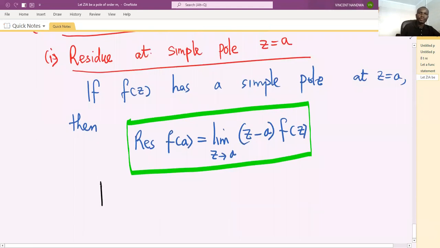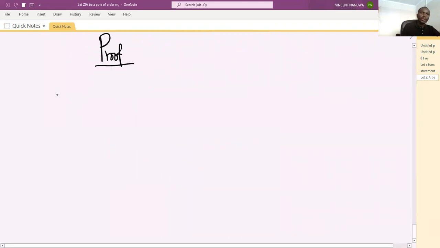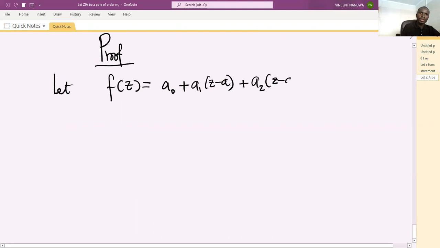So proof. Let f of z be given by a naught plus a1 into z minus a plus a2 into z minus a squared, and so on, up to the last term b1 over z minus a.